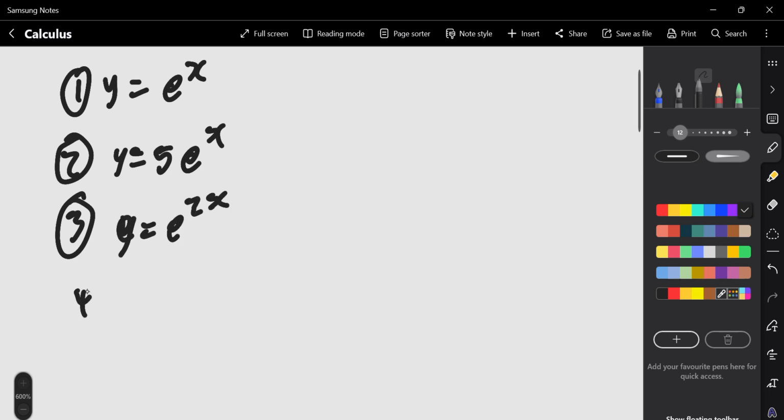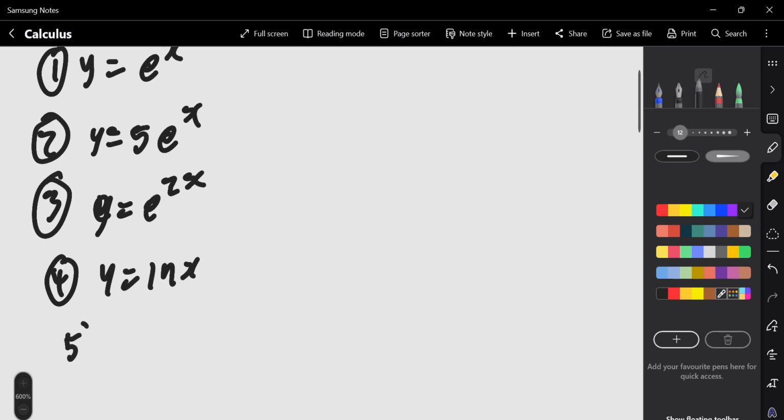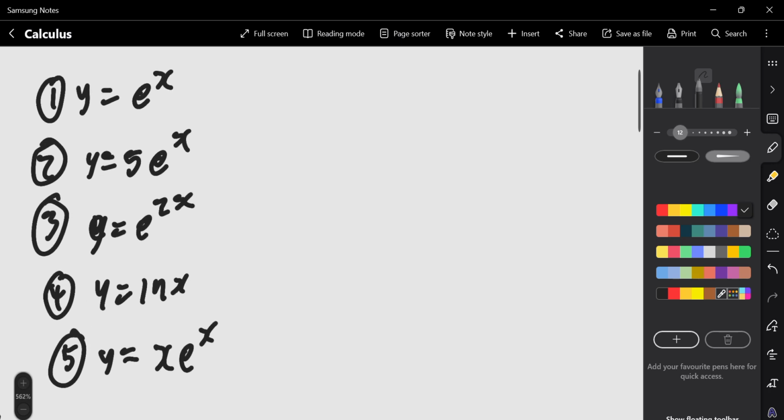And then let's do a ln one, y equals ln x. And then number 5, let's do something unique. Let's see who can do this. There's your 5 questions. Have a go.